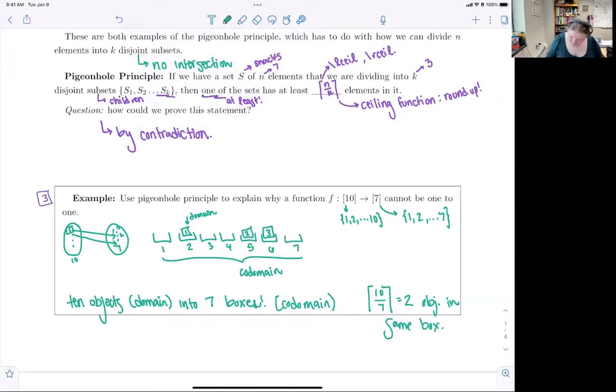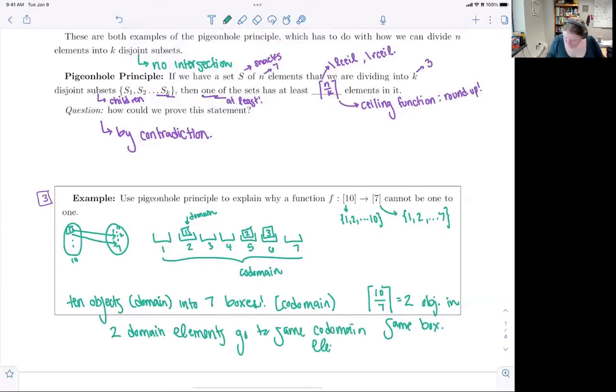So we'll write that down here. 2 domain elements go to the same codomain element. Not 1-to-1.